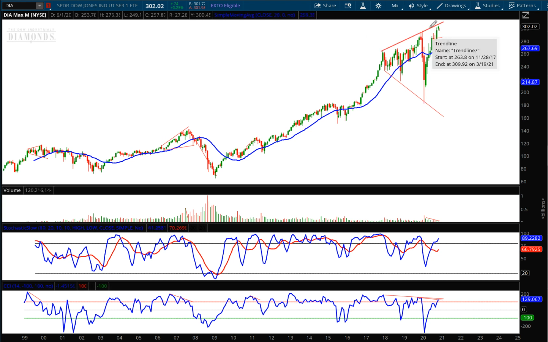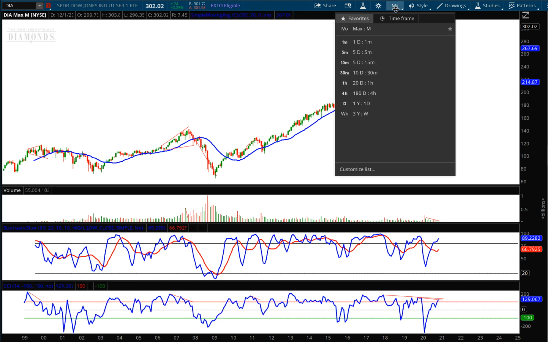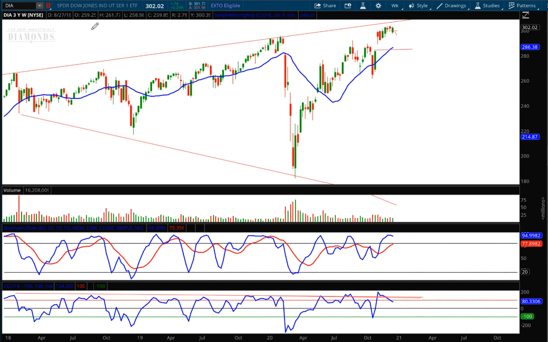It's known as a megaphone. And we could see much lower prices down the road. And that's why I'm talking about, if we don't see a long winning streak in the Santa Claus rally here, we could actually start seeing the sell-off start to occur, especially with these negative divergences that we see in the CCI right down there. So that's what it looks like on the monthly chart for the Diamonds.